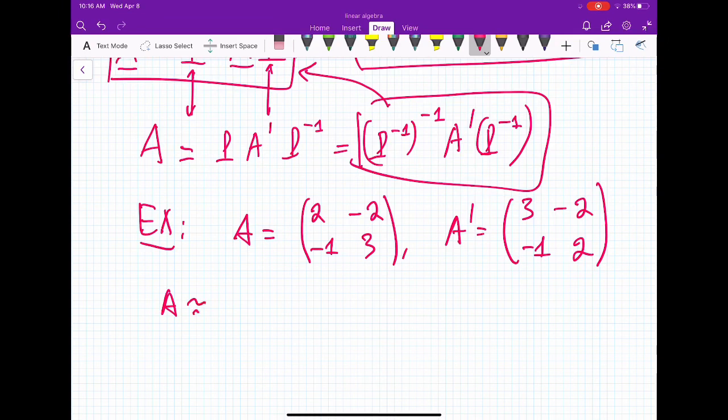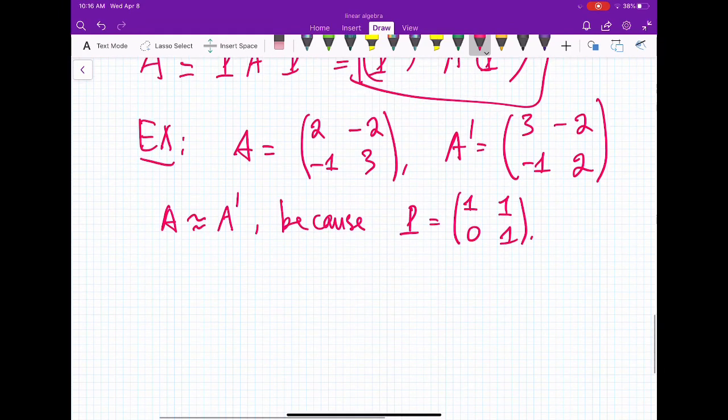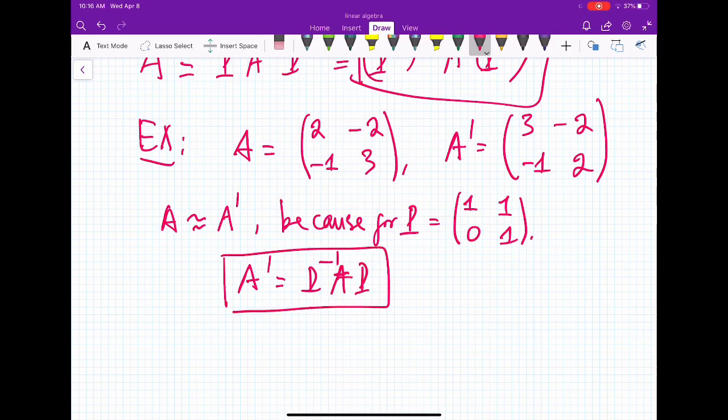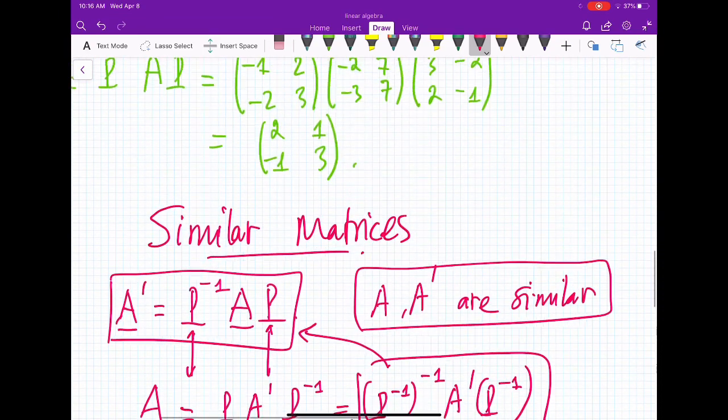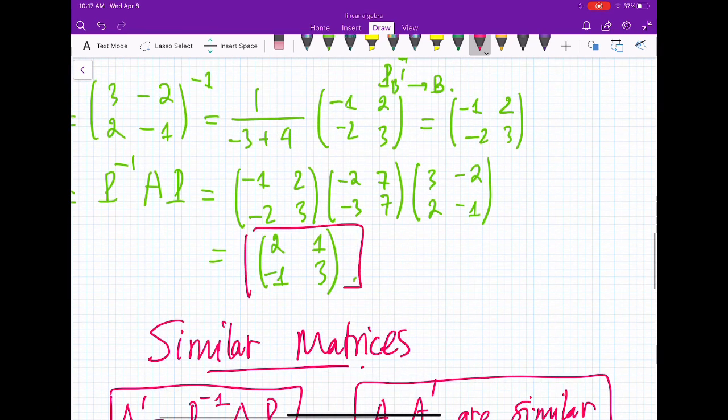A and A prime are similar because there exists a matrix P, namely 1, 0, 1, and 1, such that A prime equals P to negative 1, A, P. That's what we saw in the previous example. And in the second example, we also saw that this matrix and the matrix A are similar.